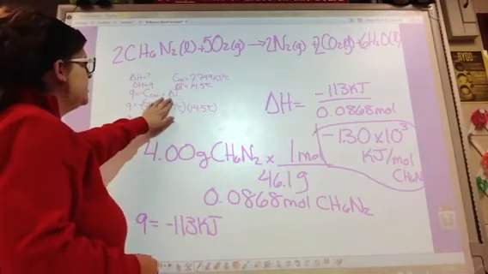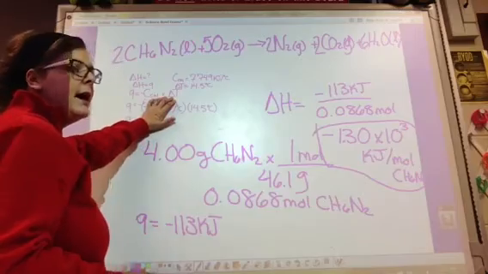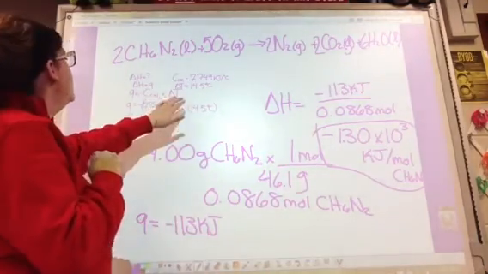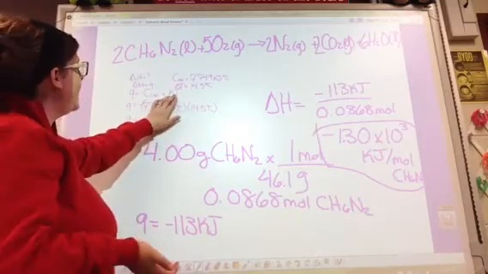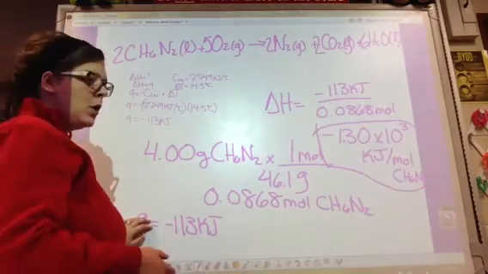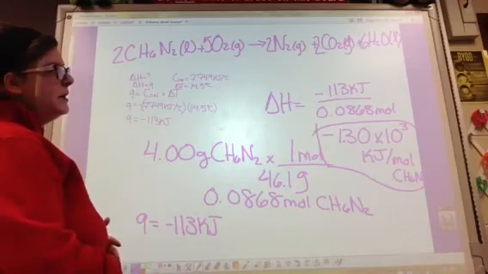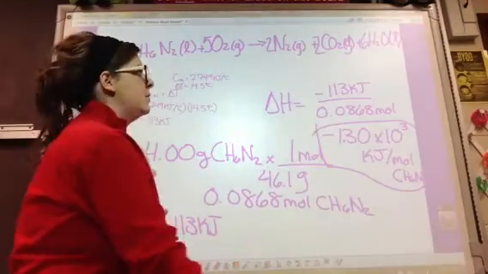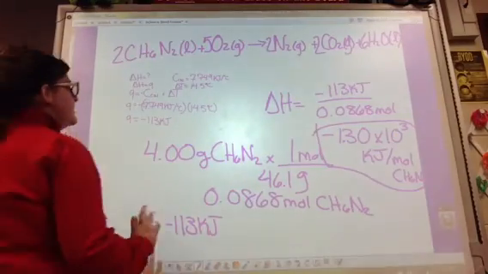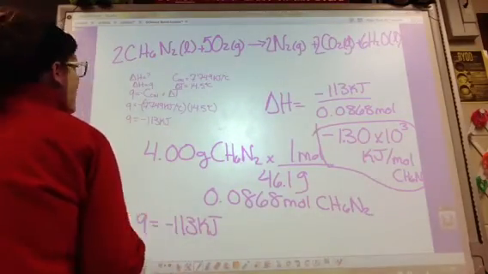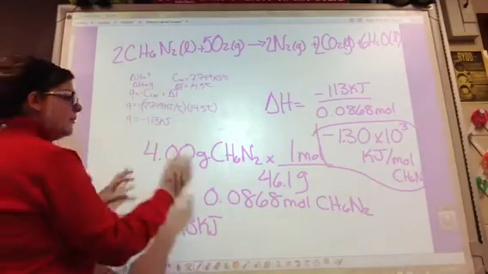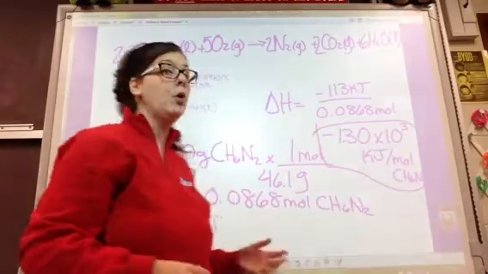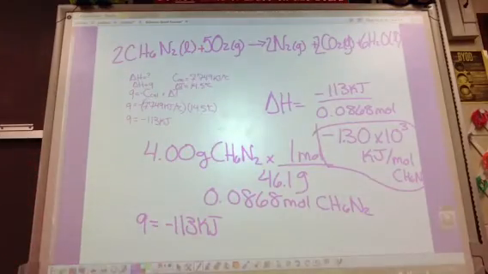And if our temperature decreased, and our final was lower than our initial, that would make this change in temperature negative, which would make my Q overall positive, and that would represent an endothermic reaction, and that positive sign would represent that endothermic reaction. So the signs definitely work out here for us. So we did our Q, we found our number of moles, so then that way we could find our kilojoules per mole, or our joules per mole if they ask us for it in that.